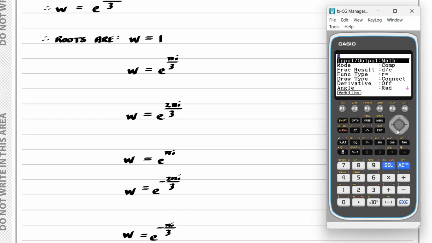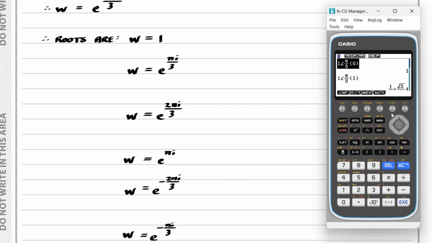So if I go to the setup menu, let's change the complex mode to real. So now if I work all these out again, our calculator displays for us all those in the form a plus bi.